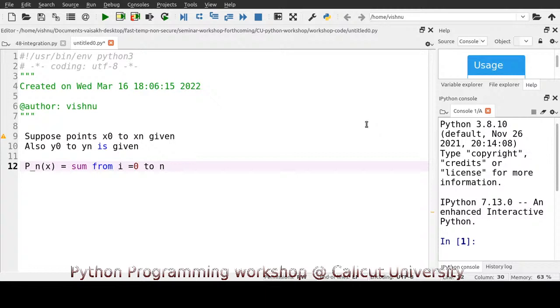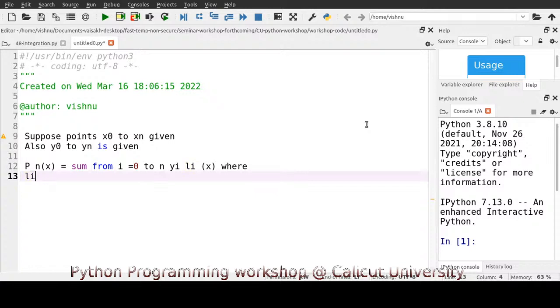I'm writing it like that, not in LaTeX mode. We have yi into another polynomial, li of x, where the computation part comes in.